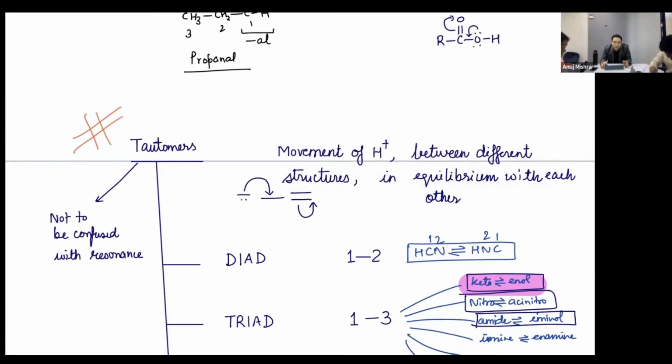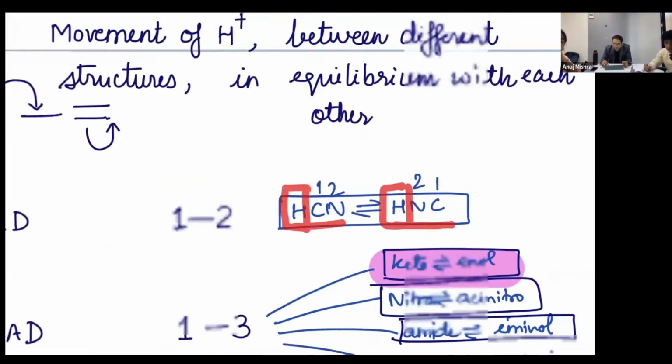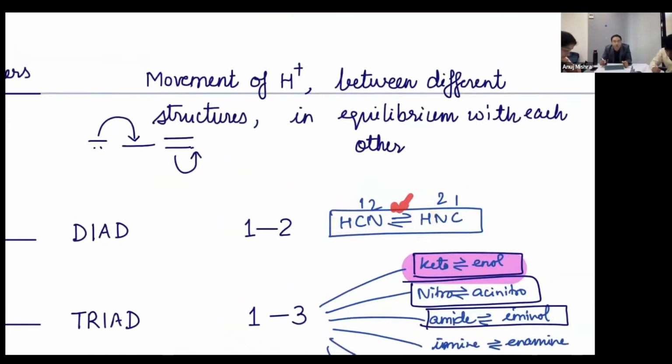Just see this example: HCN becoming HNC. H was joined here, now it is joined to N. These structures are in equilibrium with each other. That is called tautomerization, and these are called tautomers.